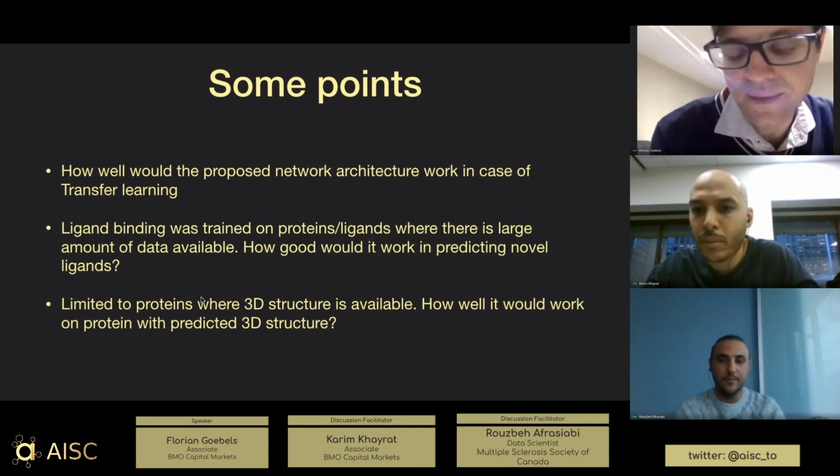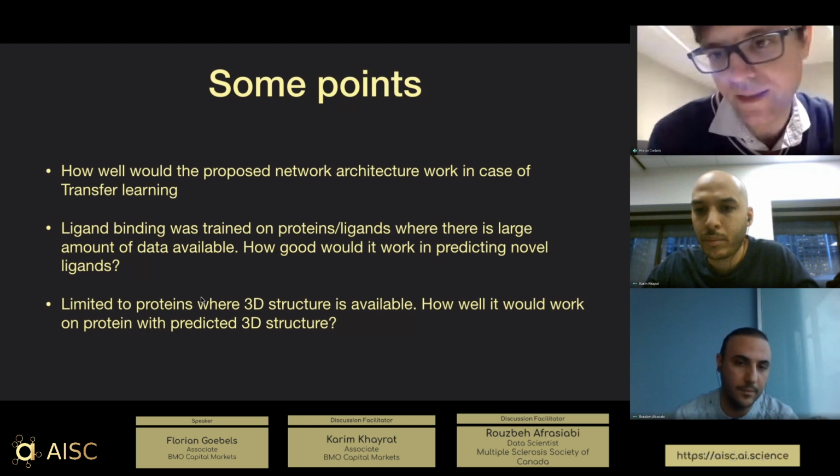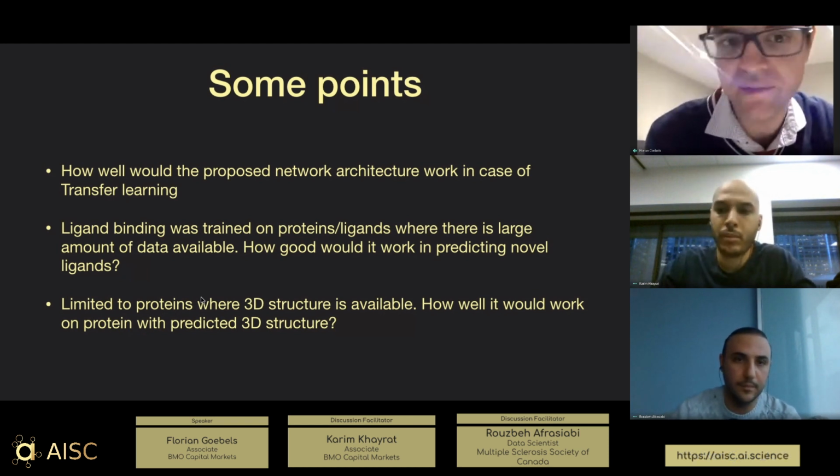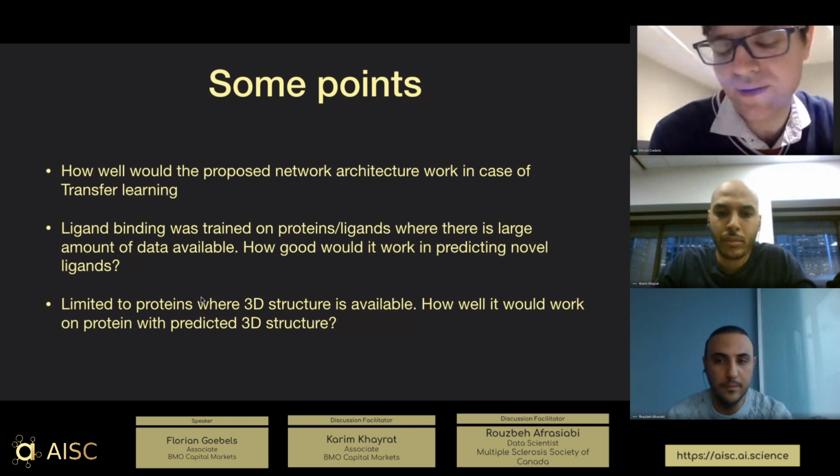So my next point would be, when they trained the ligand predictor, they have those seven ligands, but these are very important and very abundant ligands, so there is abundant structure data available. I think if they would train it to predict different ligands, it would do much worse because there's not enough data available.